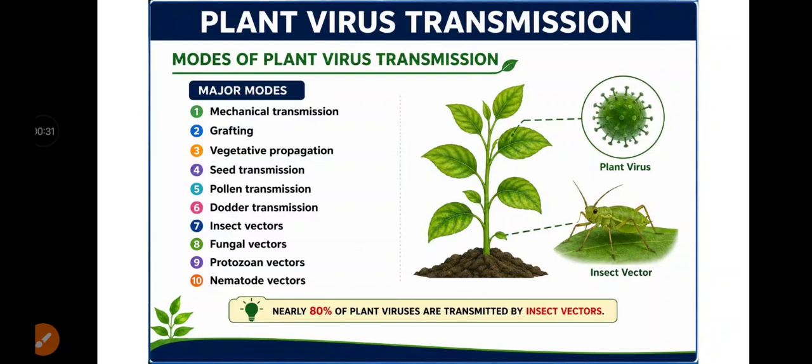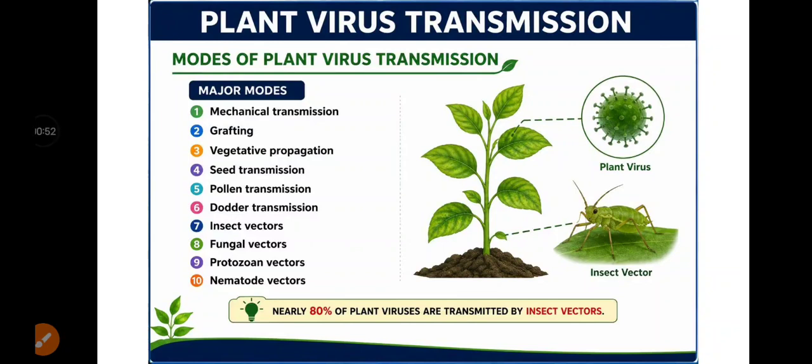So the movement is inside a single plant itself, not from one plant to another. But in transmission, the plant virus is transmitted from one plant or host to another plant. This is the difference between transmission and movement.